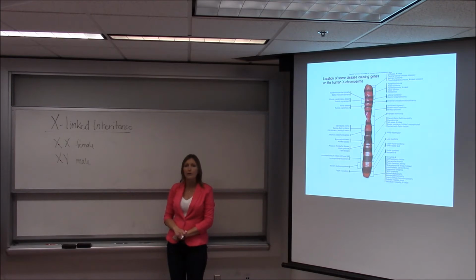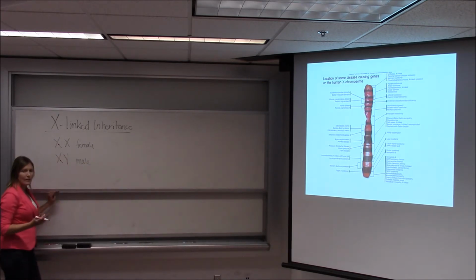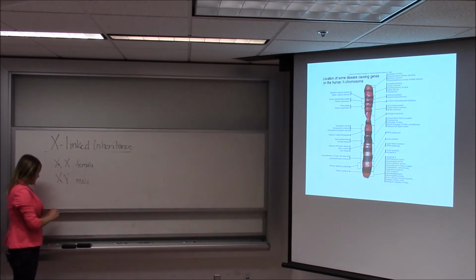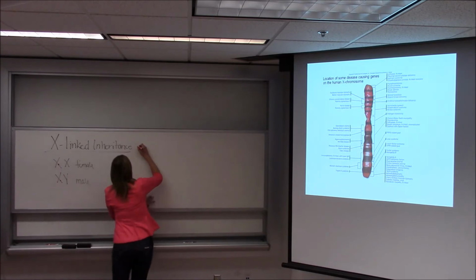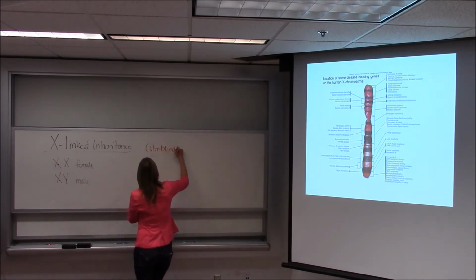Males cannot. There are no male carriers in this story. If he has that gene, he's got the disorder. So in this case, gender is going to matter. Two classic examples: color blindness and hemophilia.